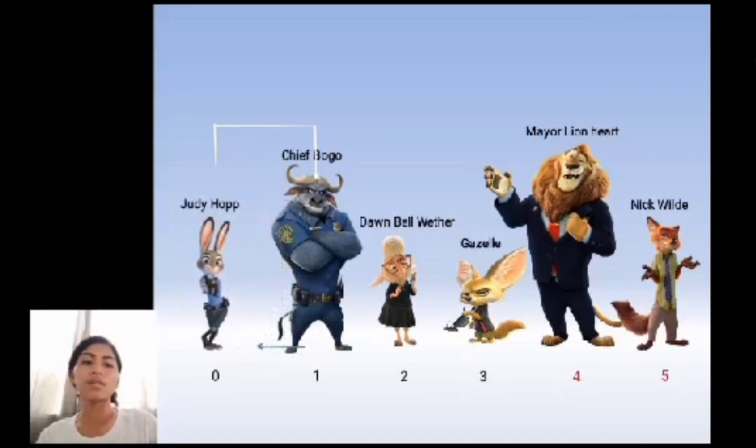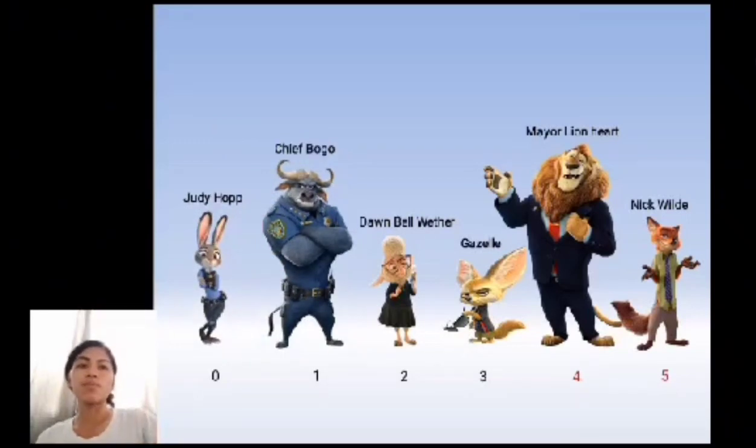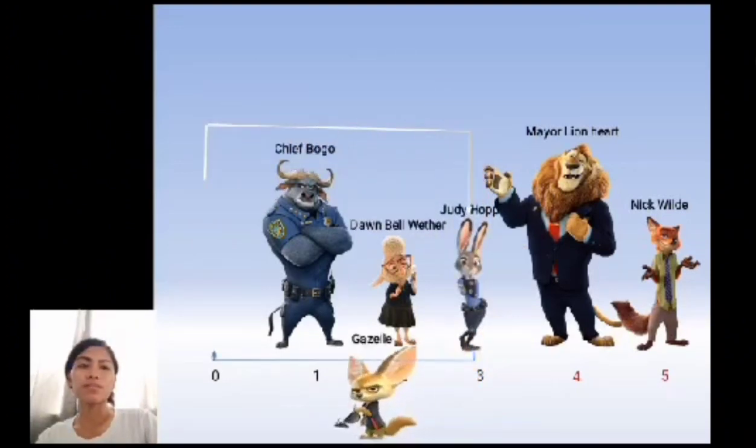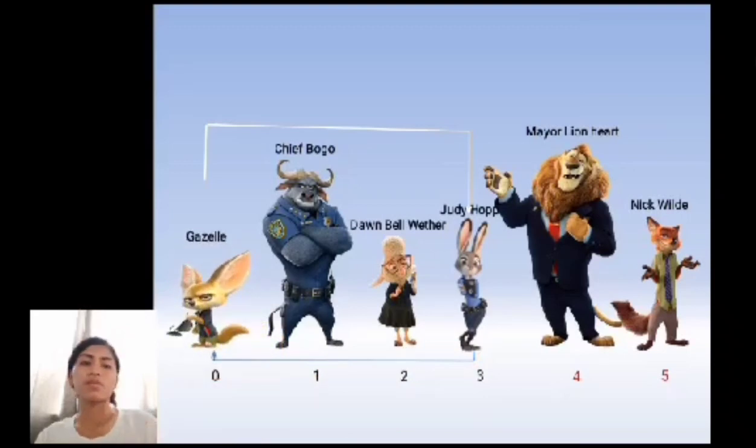So now index 0 is Judy Hope, then index 1 is Chief Bogo. So next, Judy Hope and Gazelle will swap. So Gazelle now is index 0, then Judy Hope is now index 3. So Judy Hope is the last element so it will be removed from the heap.